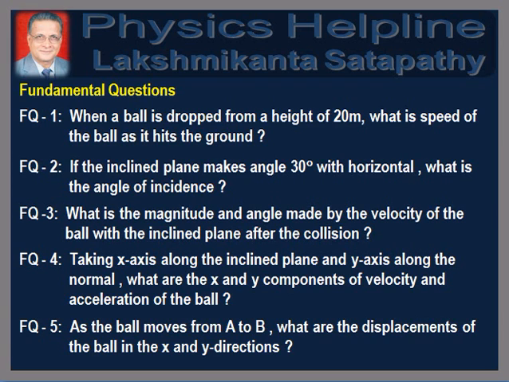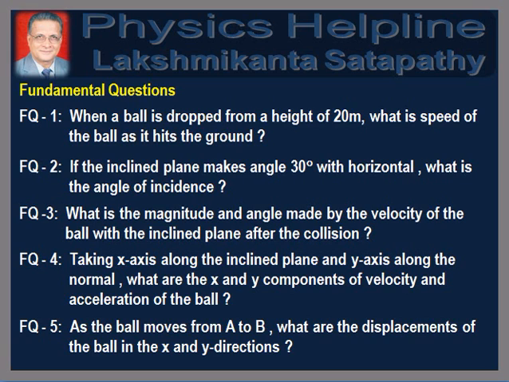Fundamental question 2 is about the relationship between the angle of inclination of the plane and the angle of incidence, which is the angle between the velocity vector and normal to the plane.